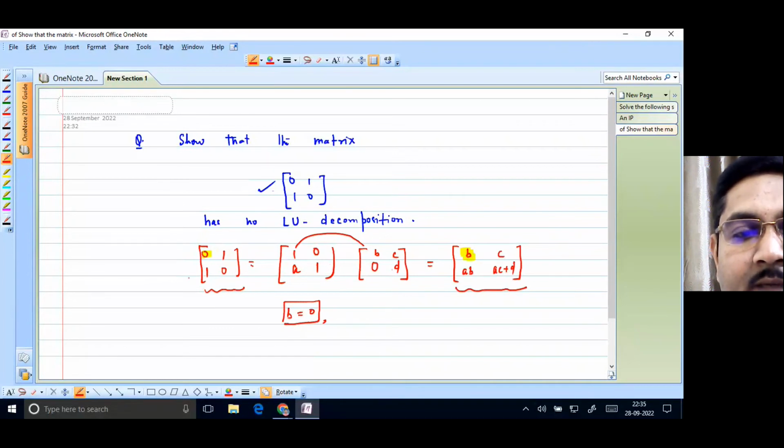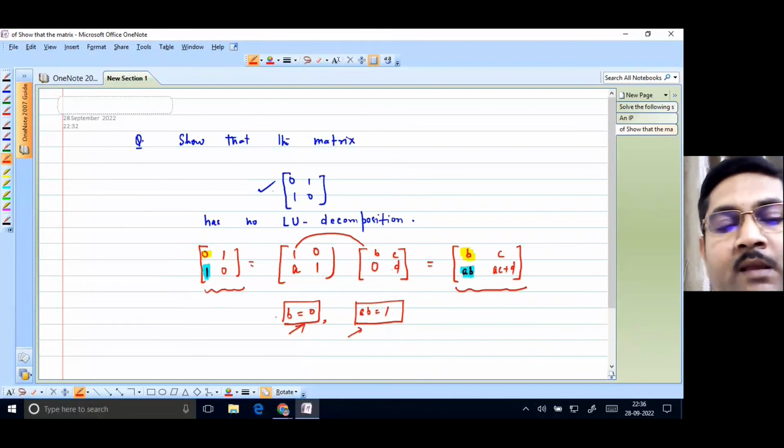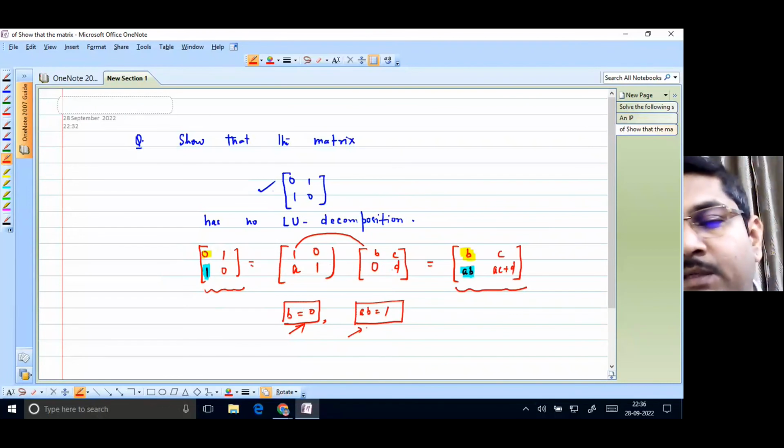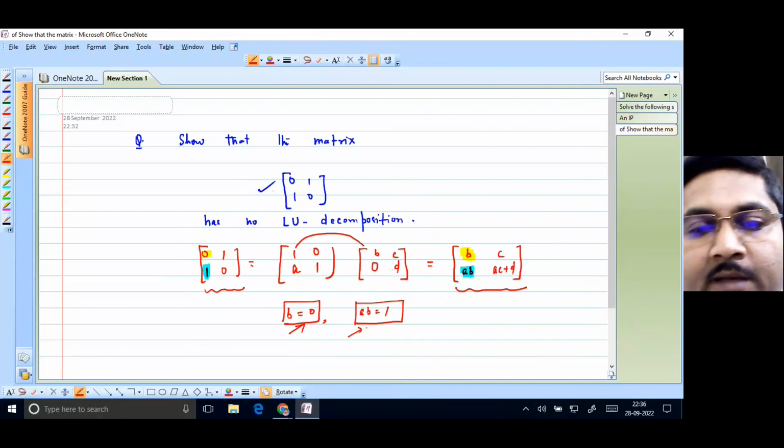But if you go to the 2 1 entry, I have 1 here and AB there. So you have AB is equal to 1. So you can see these two equations cannot be satisfied simultaneously, and hence A cannot be decomposed as a product of L and U. B equal to 0, and AB equal to 1 cannot be satisfied simultaneously.